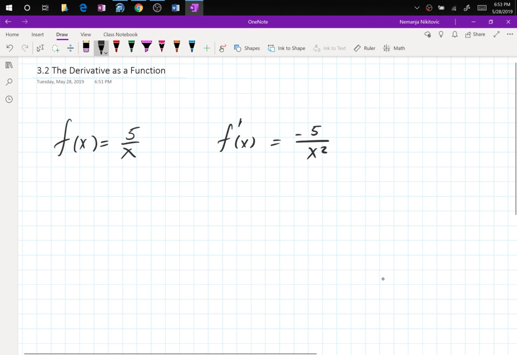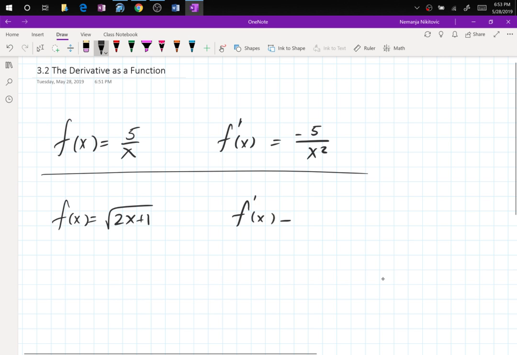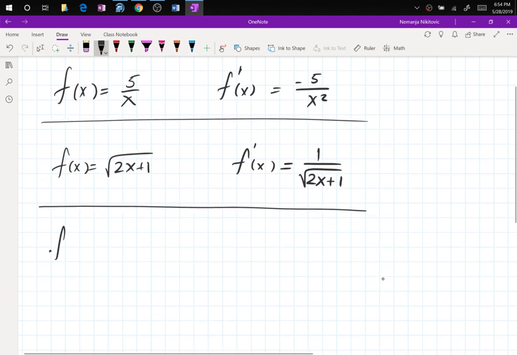We also had an example where f of x was the square root of 2x plus 1, and then f prime of x was 1 over the square root of 2x plus 1. We also had an example when f of x was x squared minus 3x minus 1, and f prime of x was 2x minus 3.